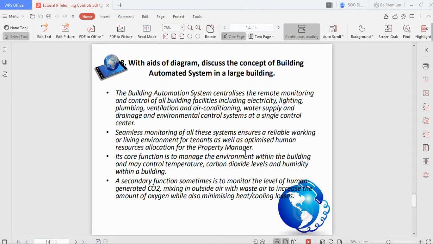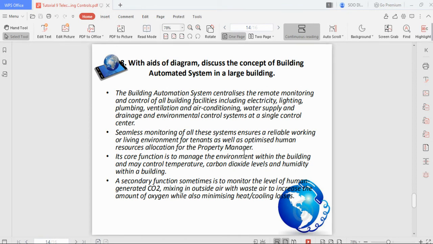in that particular building. So it's the property manager's job to control these building services to ensure that the occupant is very comfortable in occupying the building. If there's any danger, they will have to sound an alarm and notify the authority.